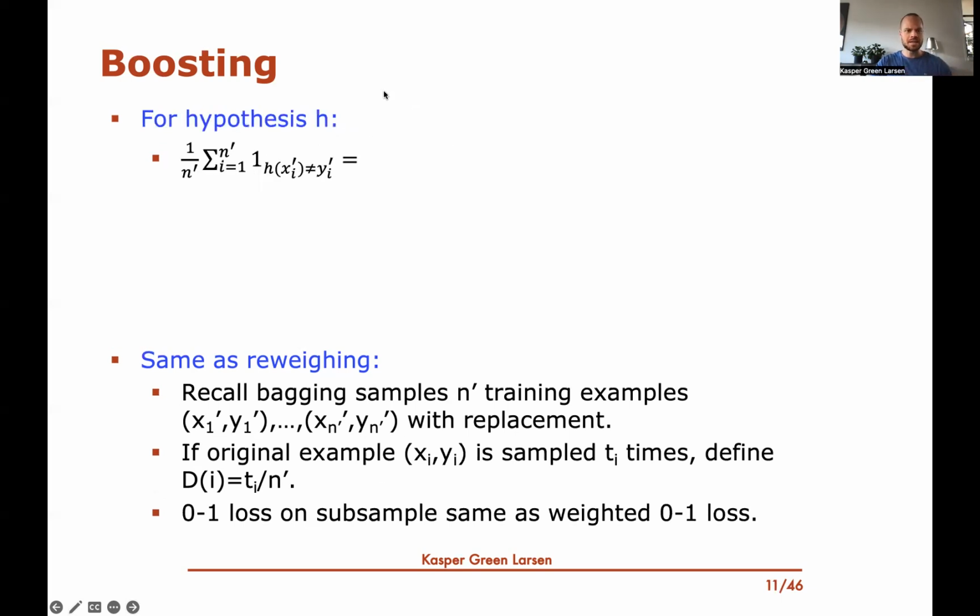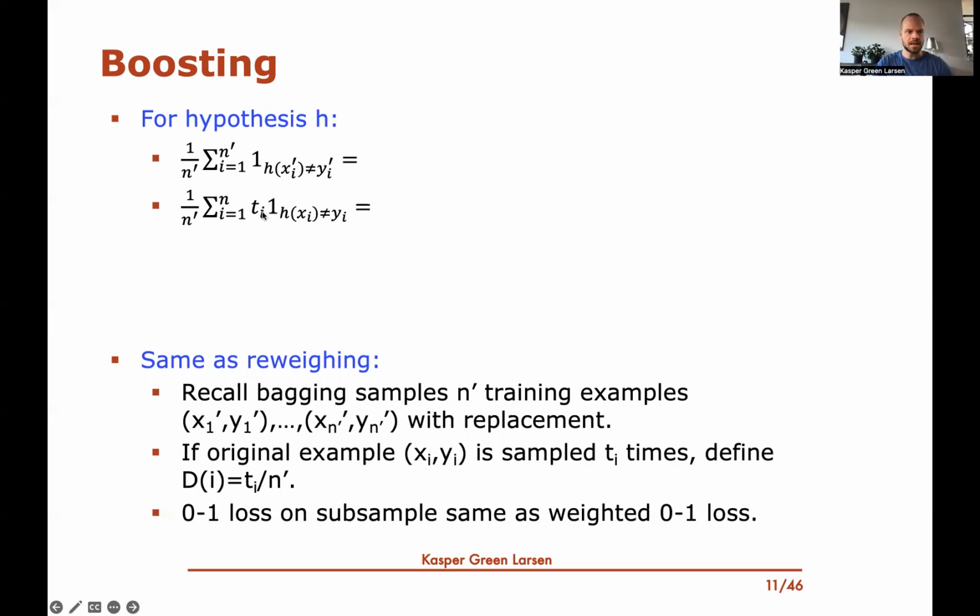Maybe just to see that this is actually the case, here is the 0-1 loss that you would be minimizing for the subsample data set, right? You have 1 over n prime points, and you do the average with the 0-1 loss on all these examples. Now, we can look at the contribution for any original input point xi, yi. You can see how many times it appears up here in the first sum.